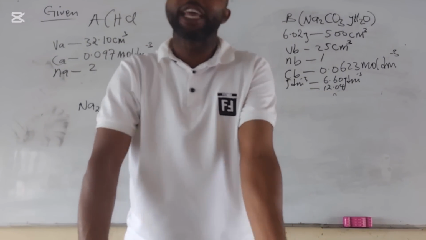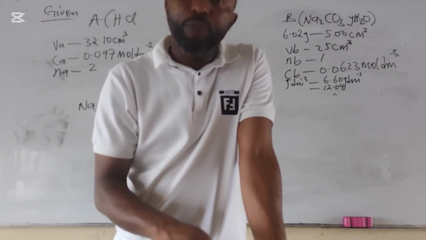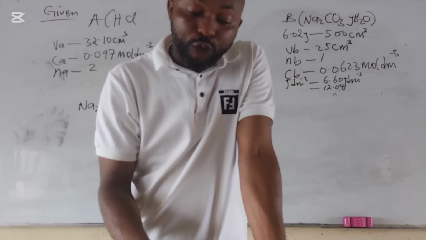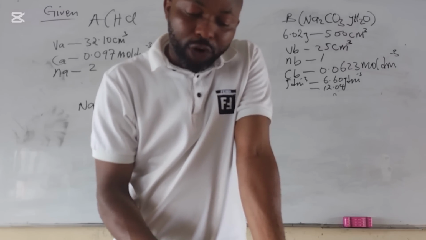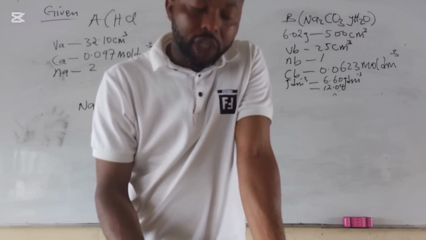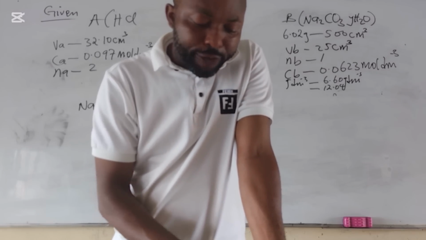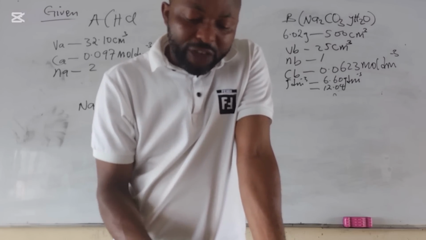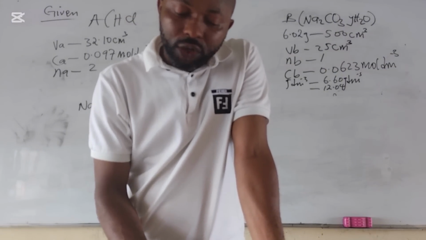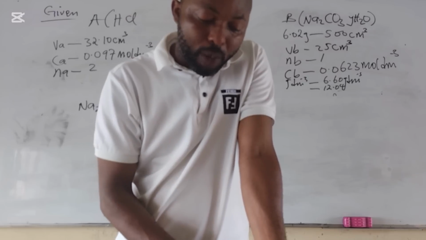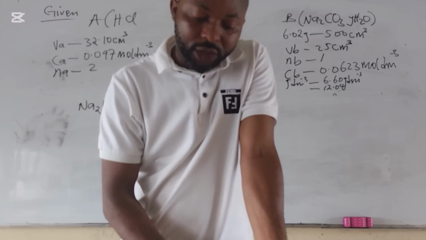So the question says, some crystals of washing soda on exposure to the atmosphere effloresce. 5.88 gram of this partly effloresced washing soda, sodium carbonate X hydrate, were then dissolved in 500 cm³ of water. 25 cm³ of this sodium carbonate solution require 30.0 cm³ of 0.1 mole per dm³ hydrochloric acid for complete neutralization.